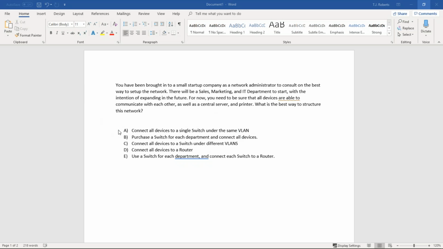Okay, what about B? It says purchase a switch for each department and connect all devices. So it's kind of like this one without the router. Single point of failure, Matthew says. Switch for each department. Yeah, exactly. I like that. Does everyone agree?